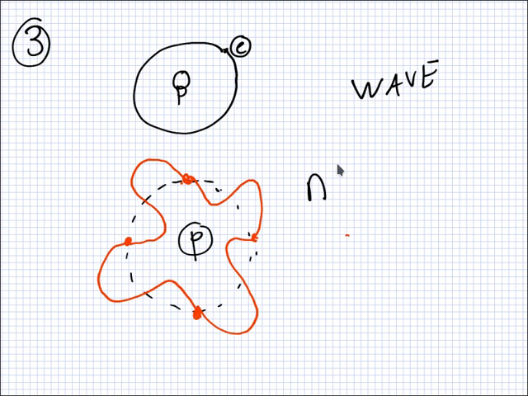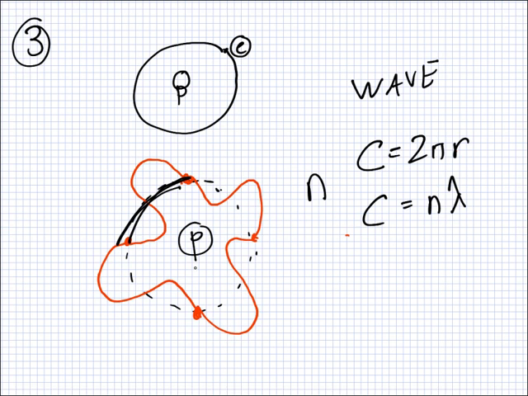Now you know that the circumference must equal 2 pi r, because it's a circle. You also know that the circumference must equal n lambda. So for example, if this is lambda, then in the picture here there's 4 lambda. Therefore, 2 pi r equals n lambda.